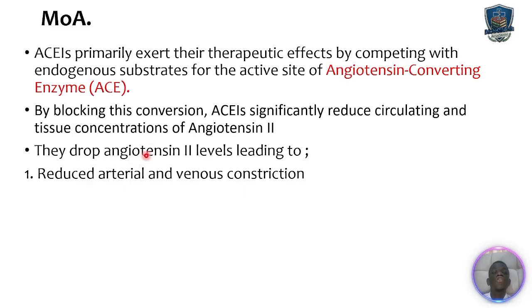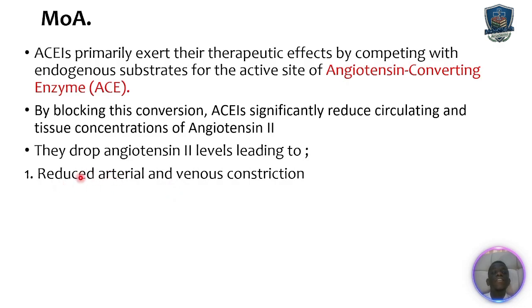Remember, one major mechanism by which angiotensin 2 increases our blood pressure is that once it attaches to the AT1 receptors, it leads to arterial and venous constriction. Now we have a reduced level of angiotensin 2, and when that level reduces, there will be reduced arterial and venous constriction.